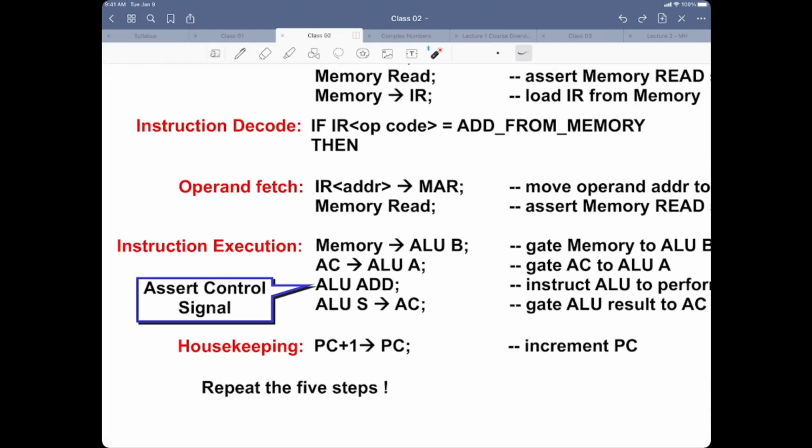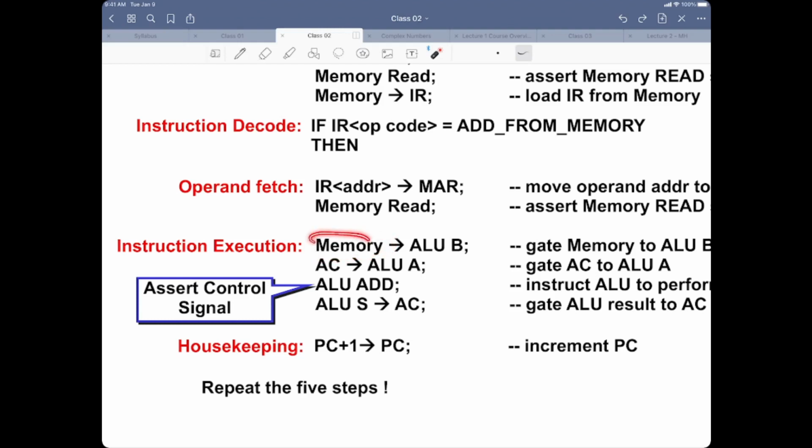Instruction execute. Of course, this is going to change for your instruction. It's not your add from memory, it's something else. So it's going to change when you write it for the instruction in the activity. But essentially, what is going on? One of the numbers was already present in the accumulator. I don't need to bring that.